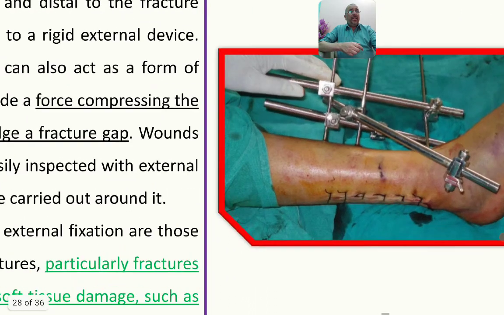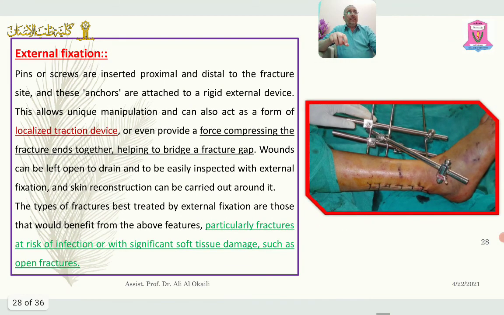We see here, this is like a frame that stabilizes the two fragments of bone and controls the gap between them, and gives us good approximation of the two ends of the fractured bony pieces. Wounds can be left open to drain and to be easily inspected with external fixation, and the skin reconstruction can be carried out around it.